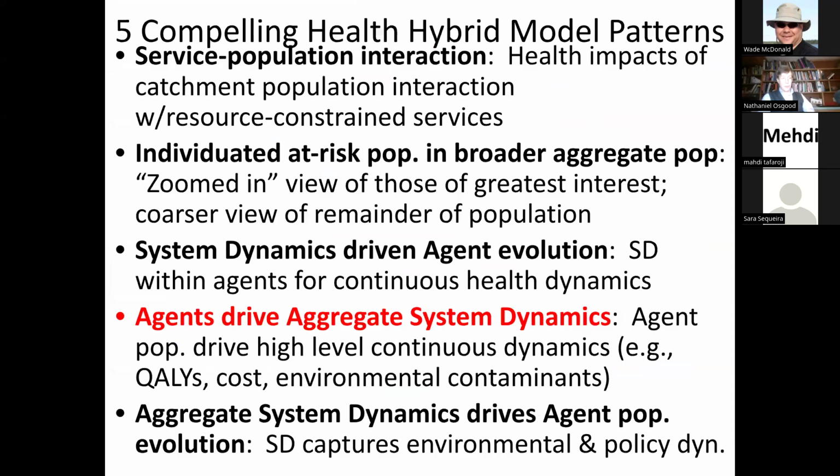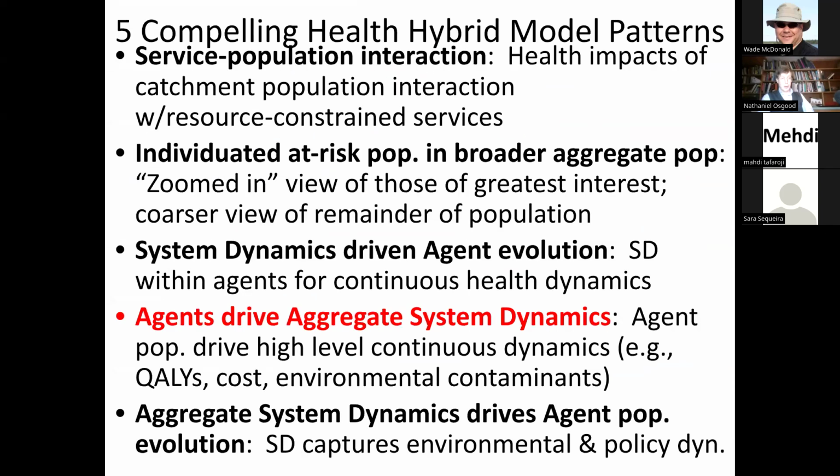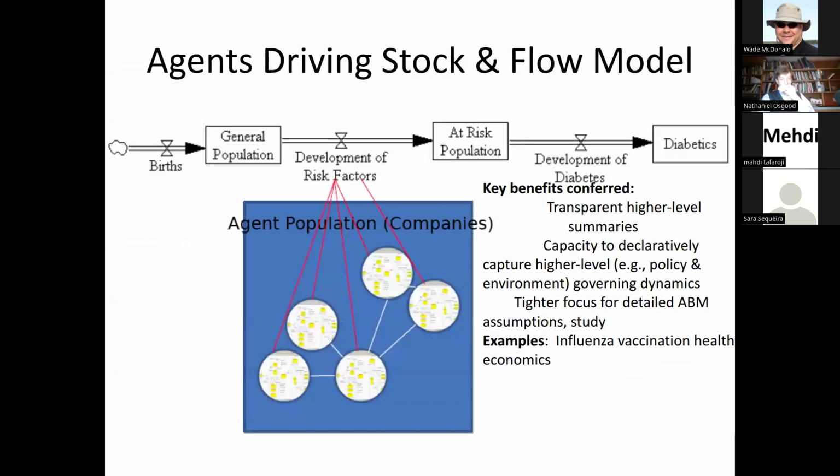Right. And there's a set of other ones provided that illustrate this. Another one is agents drive aggregate system dynamics. So here we have an agent population, say of companies, and an aggregate system dynamics stock and flow model.